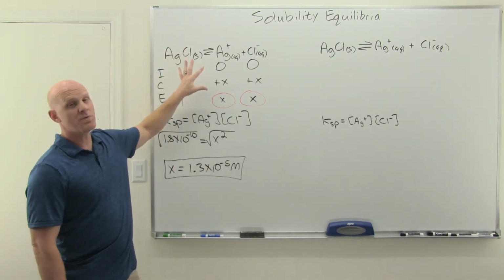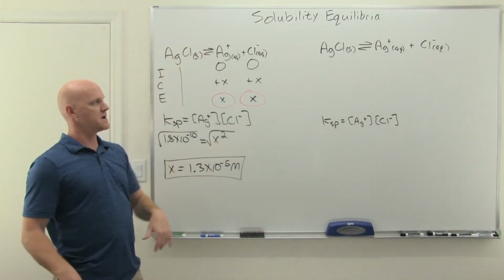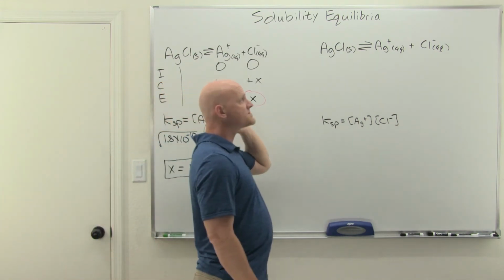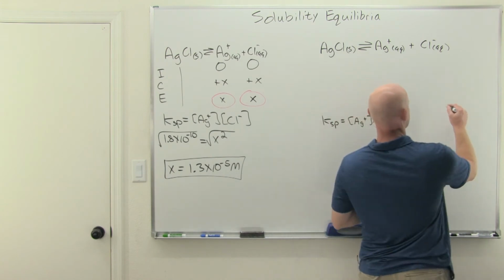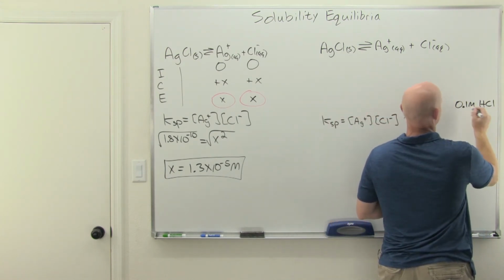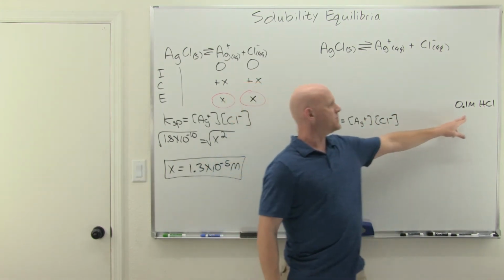So the first one we dealt with in this chapter was, what is the molar solubility of AgCl, period. Okay, and we learned how to deal with that. But now we're given, what is the molar solubility of AgCl in 0.1 molar HCl? The way this works, we often get the solubility of something, and they're going to give you a strong electrolyte.